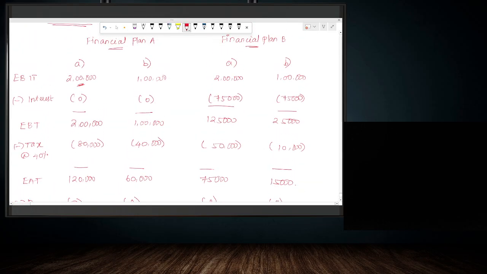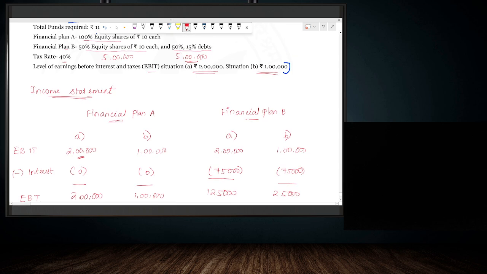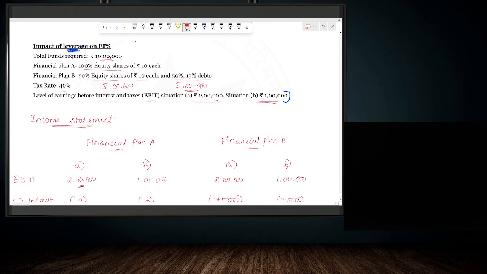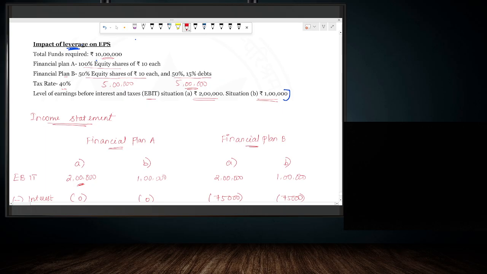What is the EBIT of the company? 2 lakh rupees. So this is their operating profit, right? Now I am talking only about situation A. We will get back to situation B later. In situation A, the EBIT is 2 lakh. Now 2 lakh is the profit the company generated by making use of how many rupees of asset? 10 lakh.